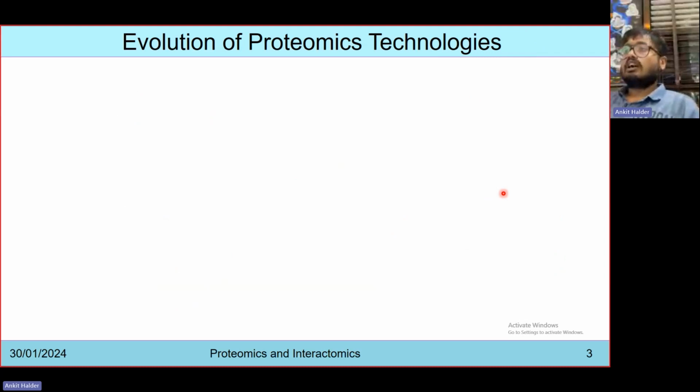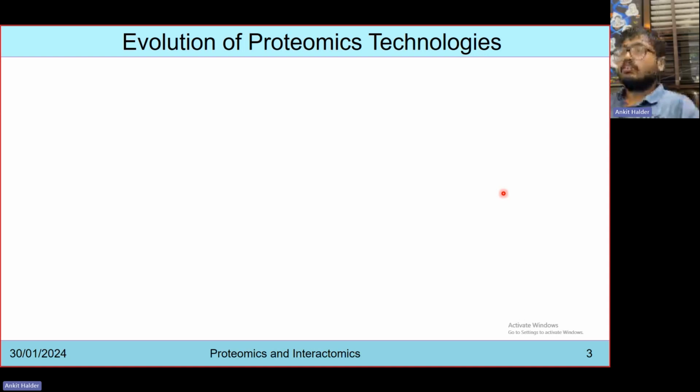Now, about the evolution: this complete field got boosted up with genome sequencing and the Human Genome Project rolling. Similarly, proteomics technologies aim to identify and get information on all the proteins in a human being or an organism.